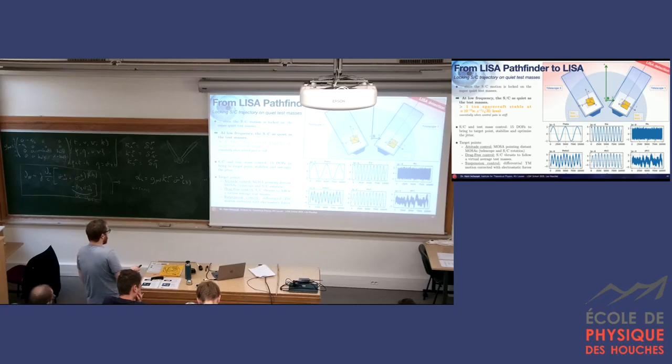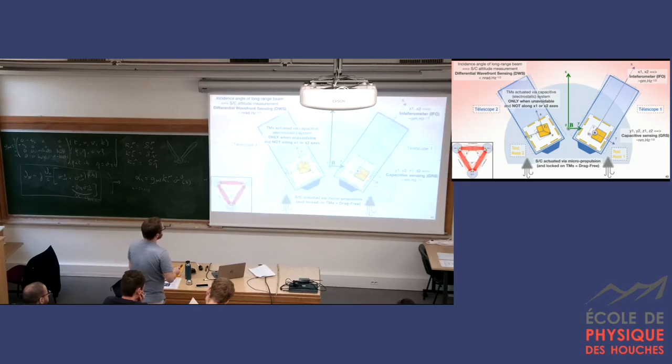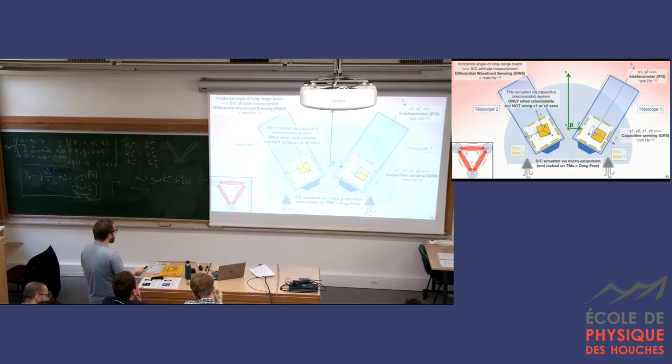Drag-free control is so you're able to... So you have an optical metrology. Maybe it's better if I use this one here, it's bigger. You have a set of sensors on board which really track the motion of the test masses. We have optical metrology systems along the two lines of sight of the telescopes, and these are very precise, so they can track the test mass motion up to the picometer per square root hertz level on both axes.